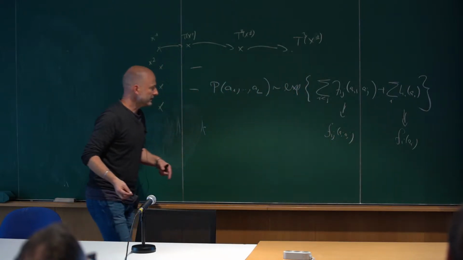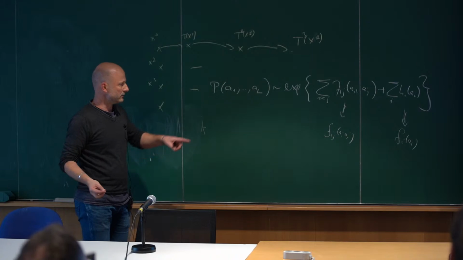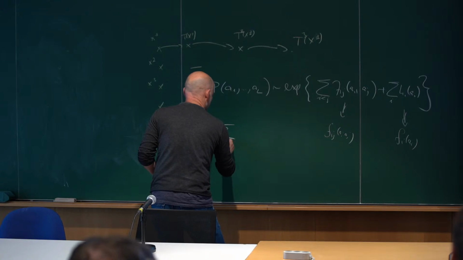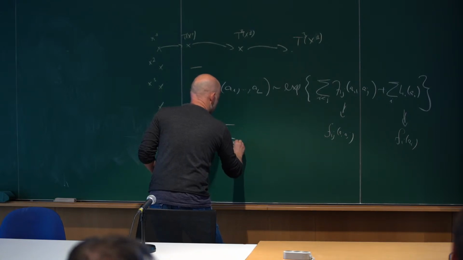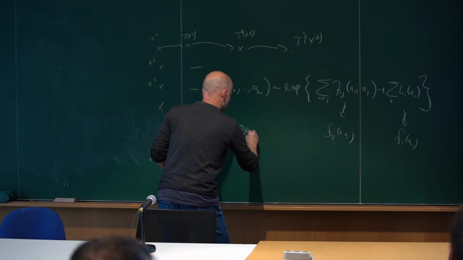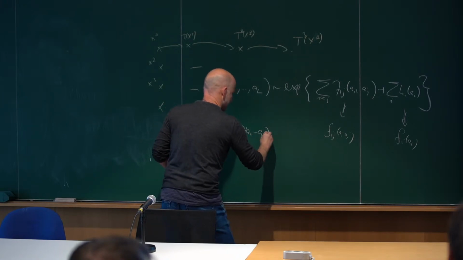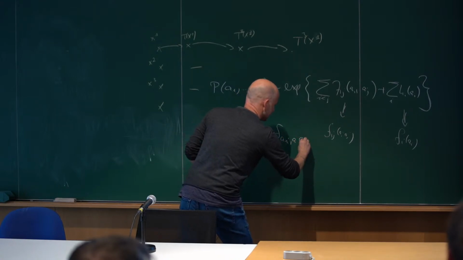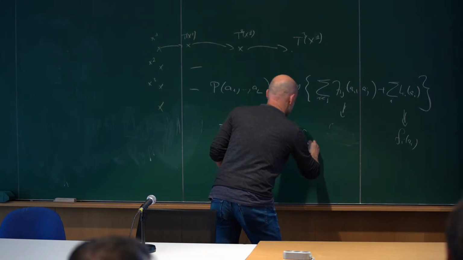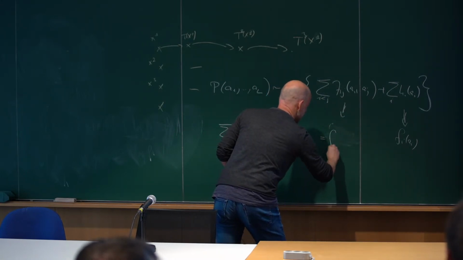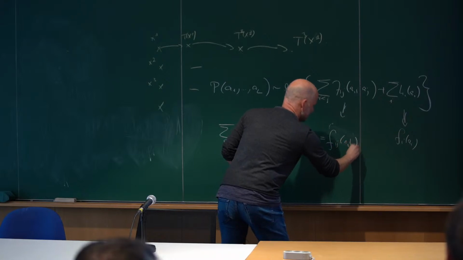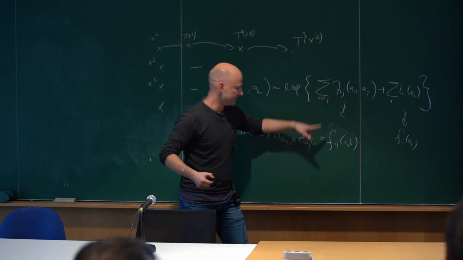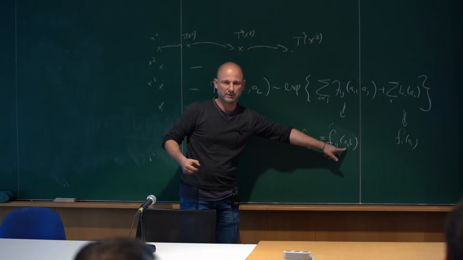And what I do is basically I try to fit these parameters such that the sum over A1 to AL of P(A1...AL) delta(Ai, a) delta(Aj, b) is Fij(a,b), so that the marginal distribution of my model for individual and pair of sites coincides with the empirical one which I had from my alignment.